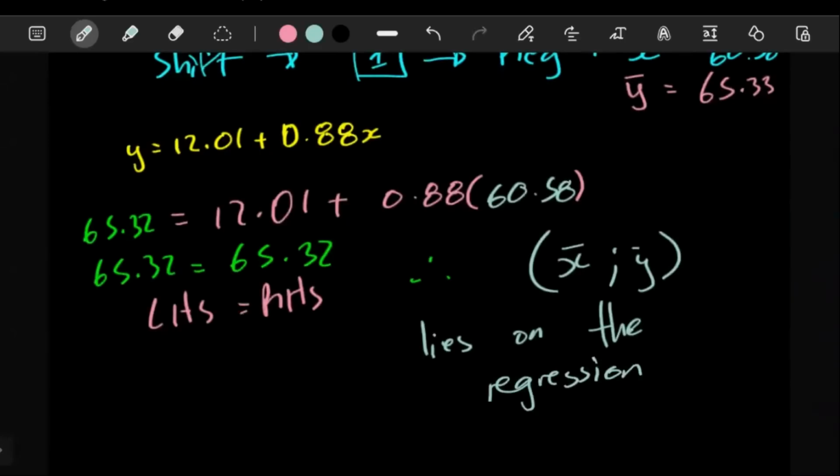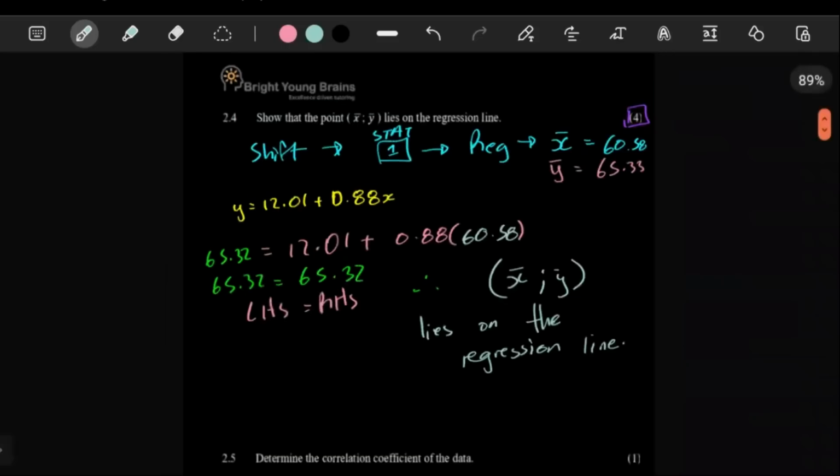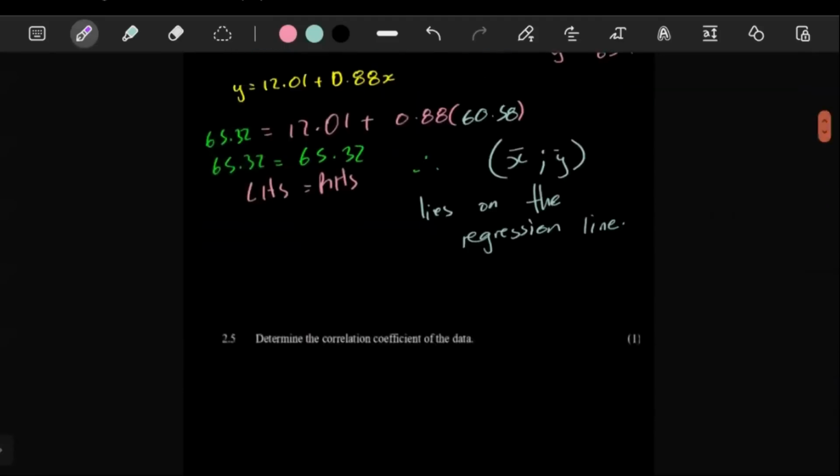Regression line. Fantastic. 2.4 says we need to get the correlation coefficient.